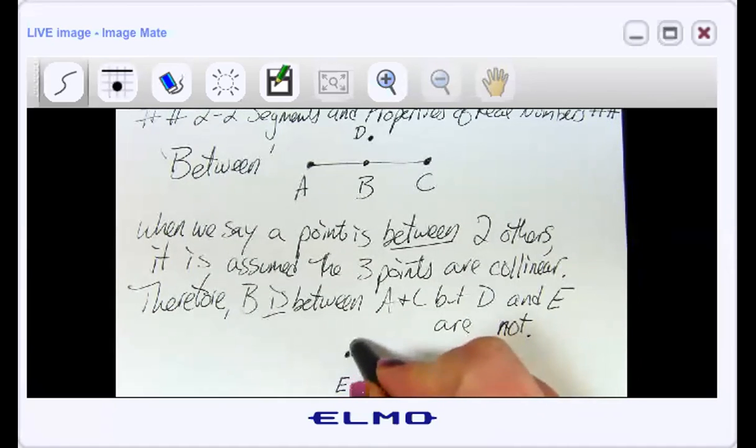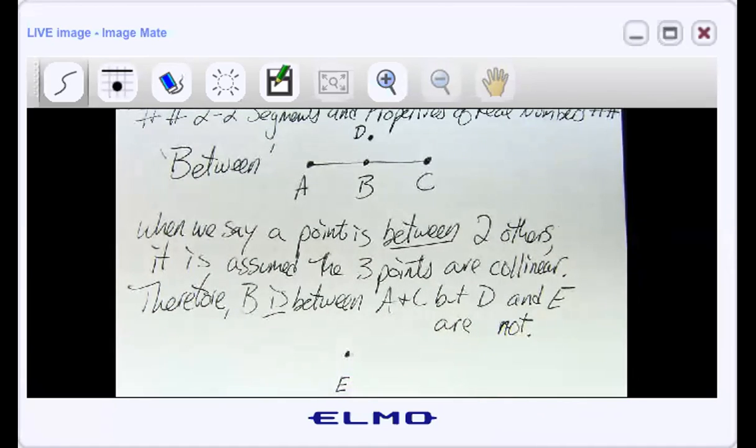Okay, so we are being very specific with our usage of the word between. They have to be collinear in order for a point to be between the other two. Okay, so far so good?